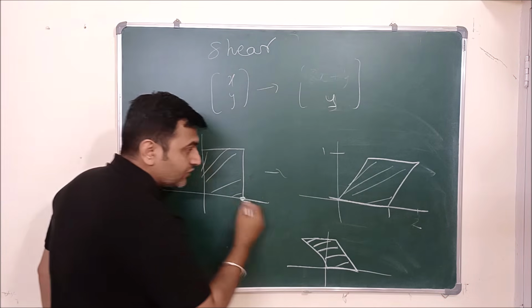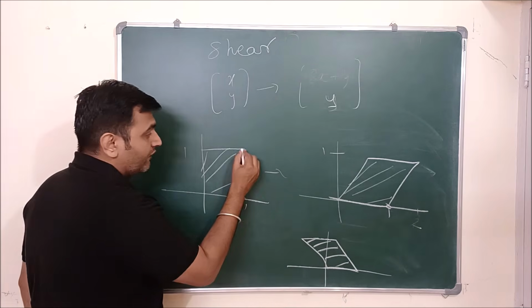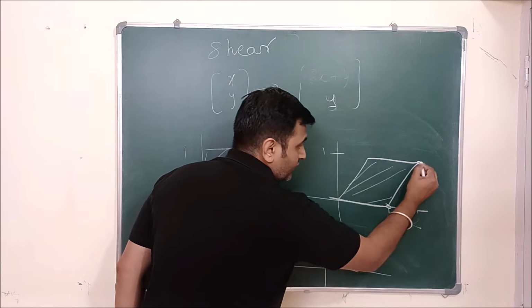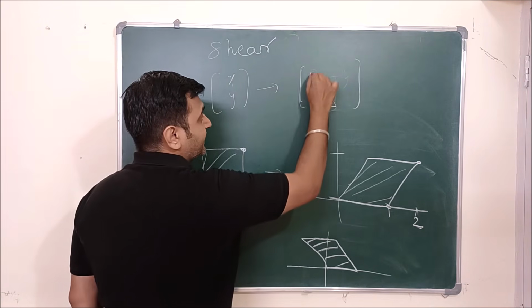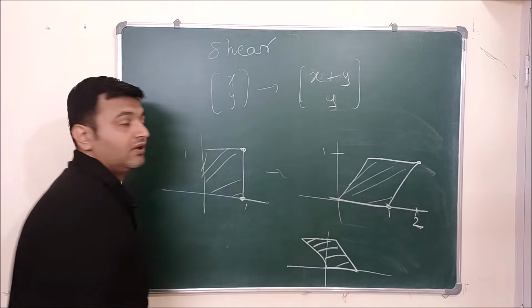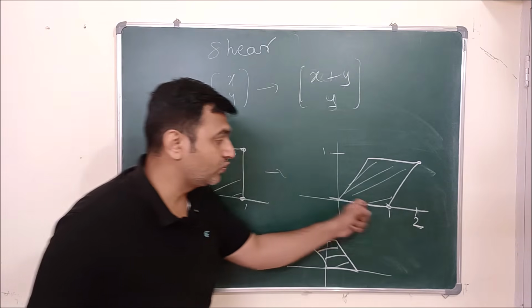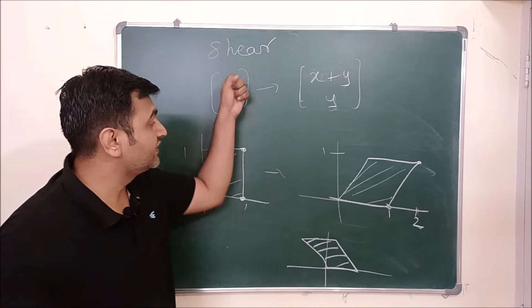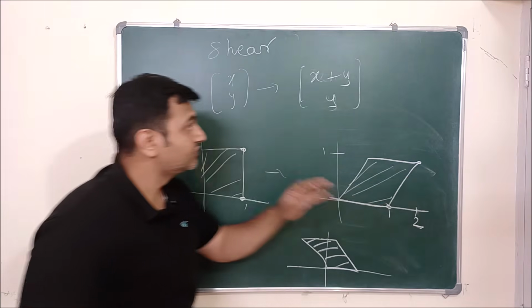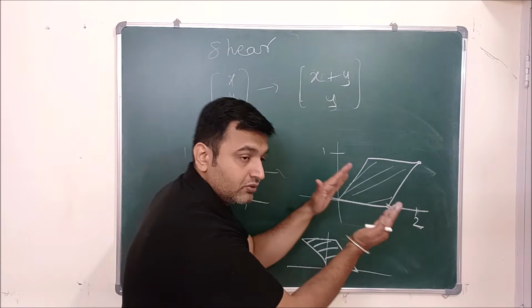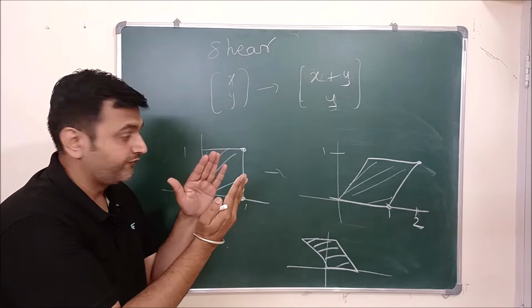You can see 1, 0 is going to 1, 0, and 1, 1 is going to say 2 comma 1. So I will just define this as x plus y. So 1, 0 goes to 1, 0, and 1 comma 1 is going to 1 plus 1 comma 1, which is 2 comma 1. So this is just shearing towards the right side of x.